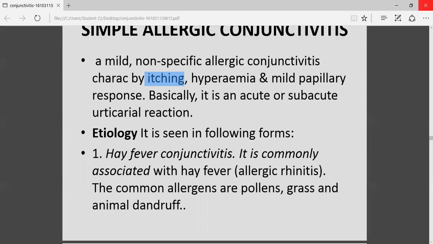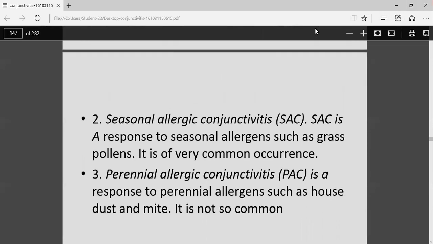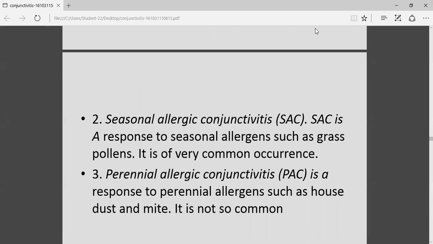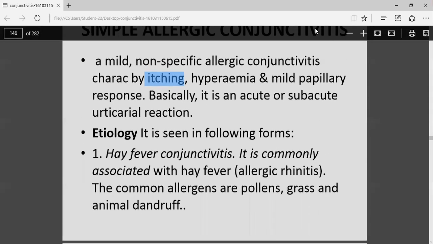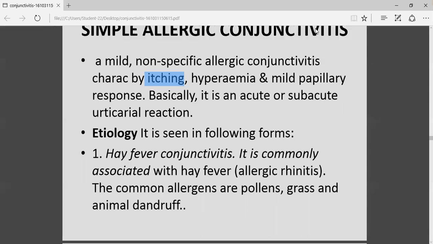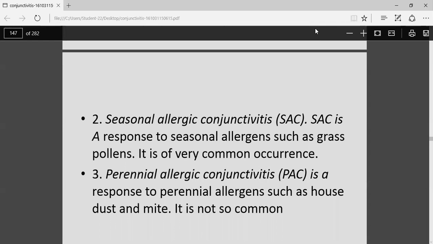Okay, so in hay fever conjunctivitis, we need to have an allergen. It might be dandruff, pollen, grass, or some dust. Dust can also cause allergy. They cause hay fever conjunctivitis.